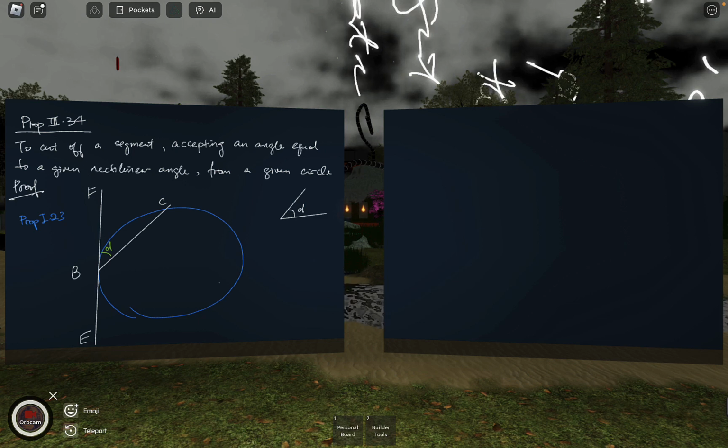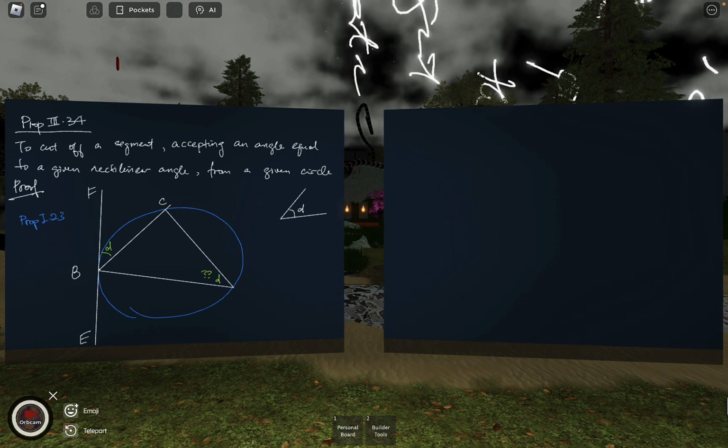Right. So my understanding was that we do this construction, and then the proof is just applying proposition 3.32 to say that the next thing I'm going to draw on this other side is actually equal to the angle D. So to cut off a segment, we're cutting off the segment BC, and accepting an angle equal to a given angle. So my understanding was that we had to prove that this thing here is D, and the construction was what I wrote down, and the proof is really just an application of proposition 3.32.